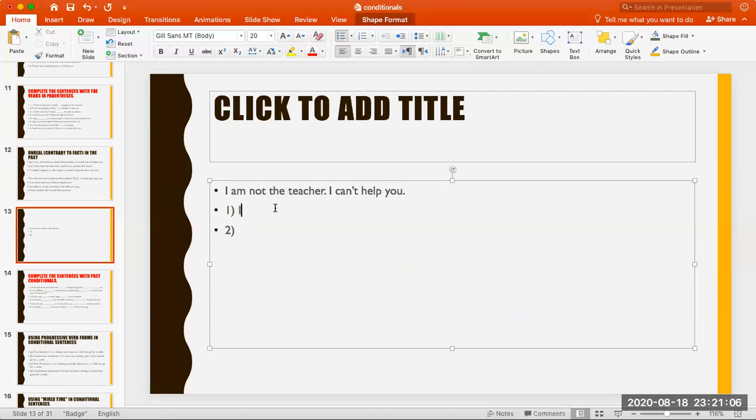So you say, if I am the teacher, I can or I will help you. If you indicate impossibility for you to become the teacher, if I were the teacher, I would or I'd or I could help you. Remember, you can use if I was in spoken conversational English, but in standard English, academic English, you use were.